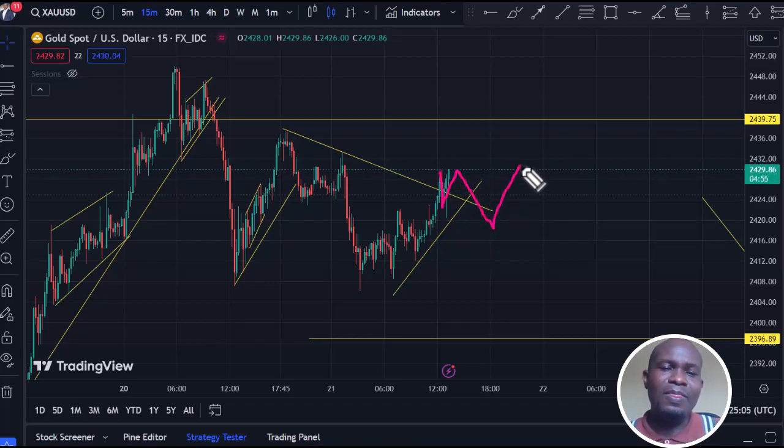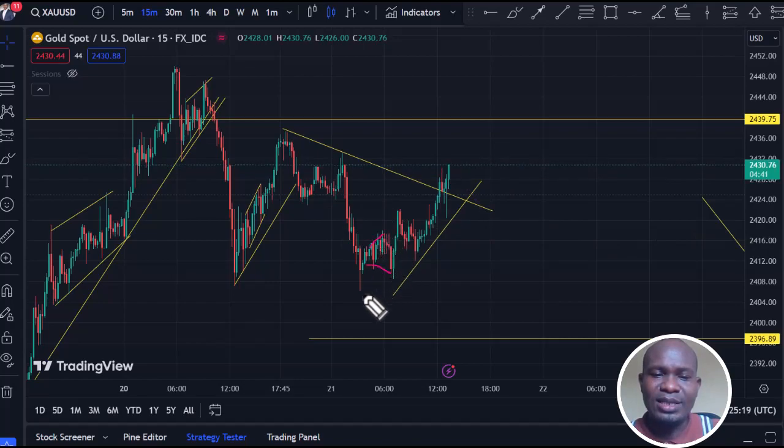Now, understanding waves is very, very important, because we can see over and over again how the market plays out. We took this trade here because we know that this is an impulse, this is a correction. Took this one, this is another impulse, this is a correction. We took this one here, this is an impulse, this is a correction.